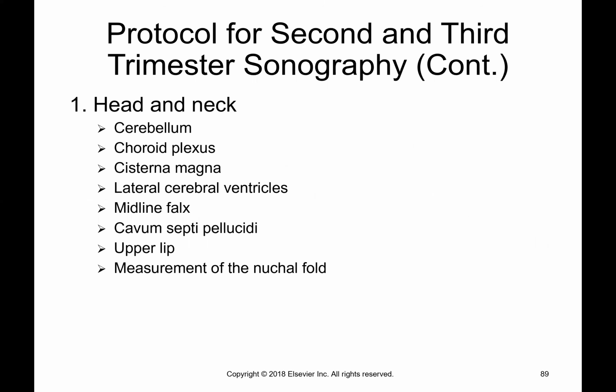In the head and neck, there are all these different things that you look at, and you do it pretty fast: the cerebellum, the choroid plexus, the cisterna magna, the lateral cerebral ventricles, the midline falx, cavum septum pellucidum, the upper lip, measurement of nuchal fold. We do that all while we're taking a couple of head measurements and looking at the head.